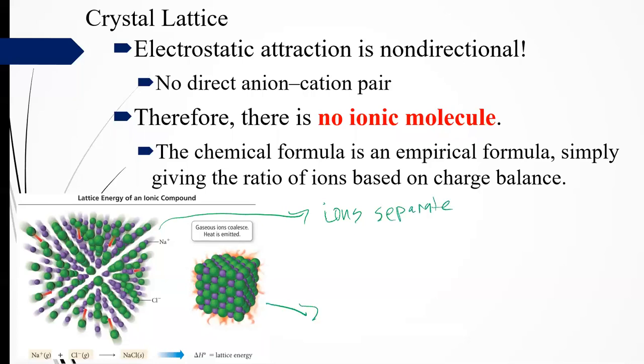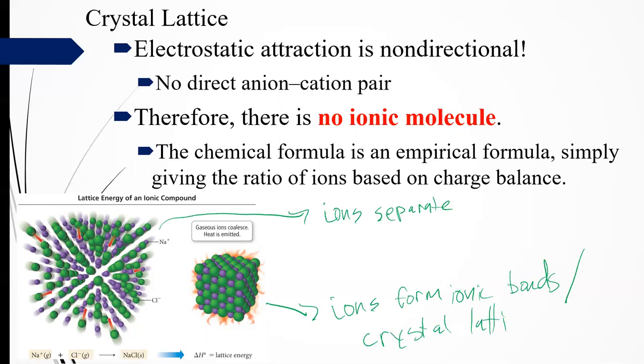And then this is when the ions form the ionic bonds, which is them being inside that crystal lattice. So the part to remember with ionic compounds is it's not just one Na plus and one chlorine minus coming together.